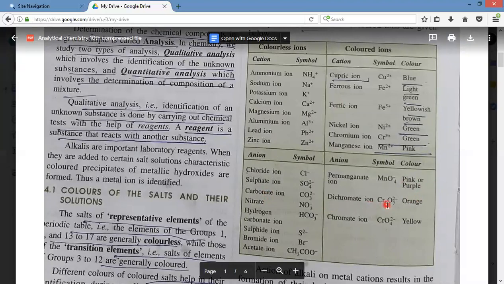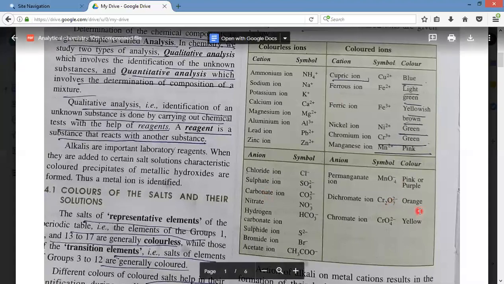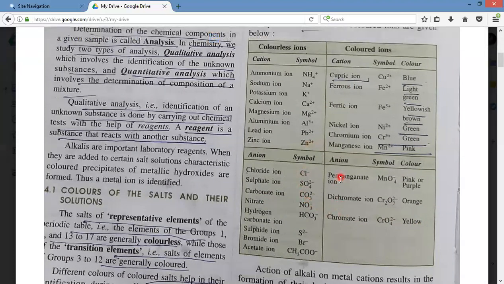Dichromate ion, Cr2O7 2 negative, is orange in color, and chromate ion is yellow in color. Students, kindly learn this table thoroughly because this table is very, very important, and on this table all the reactions will be going on.